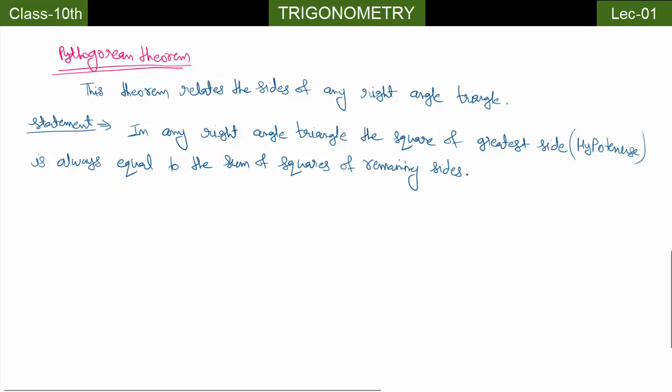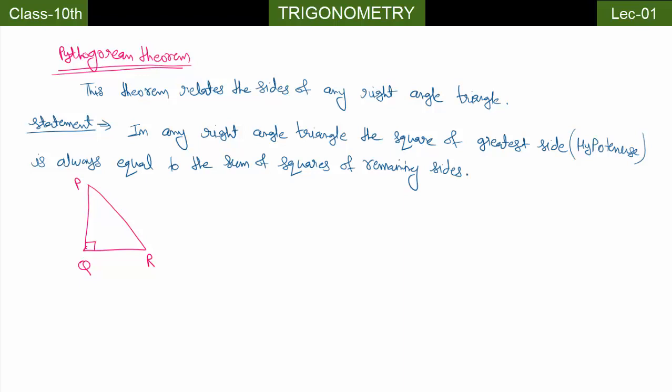Let's try to understand this statement with the help of a diagram. Let's say I have this right angle triangle over here. This is my 90-degree angle, this is vertex Q, this is vertex P, and this is vertex R. What is the statement? The square of the greatest side is equal to the sum of squares of the remaining sides.